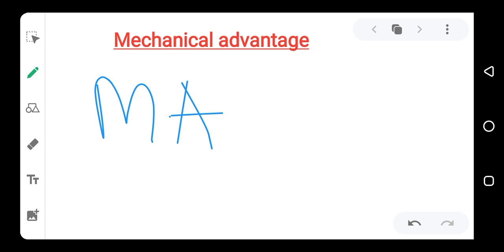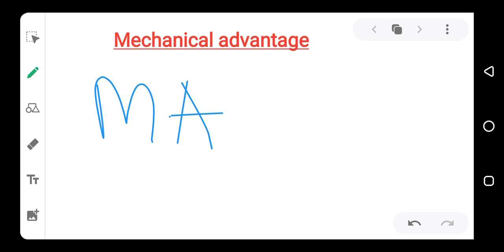And we gave examples of simple machine. We talked about lever, pulley, and wheel and axle. We went further to talk about the types of lever systems, the first class lever, the second class lever, and the third class lever, and showed the differences between them.